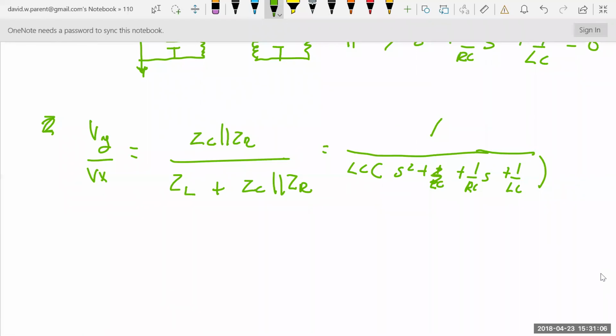So even though in this case it's in parallel with an R, when the capacitor impedance gets smaller than that R, it's just going to be the impedance of the capacitor. And yeah, 1 over LC is omega naught squared. 1 over RC would be 2 omega naught S. S squared is the same. And 1 over LC is omega naught squared.